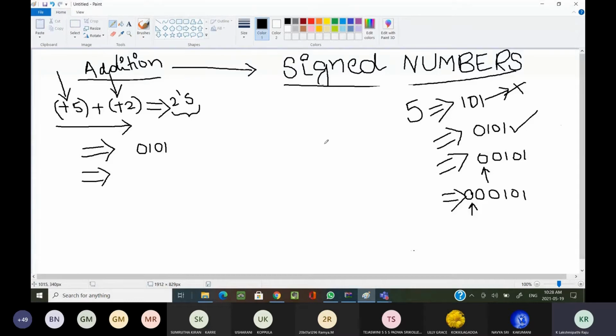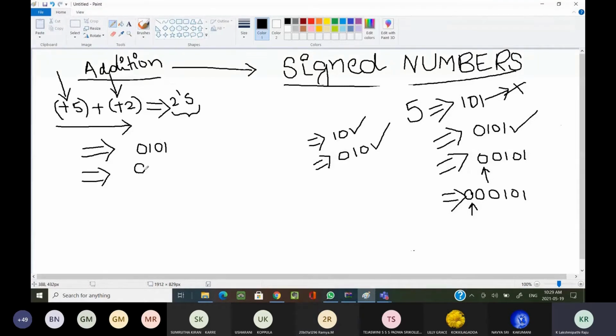Why? Because actually to represent positive 2, how many bits are required? 3 bits. But how many bits am I considering here? 4 bits.